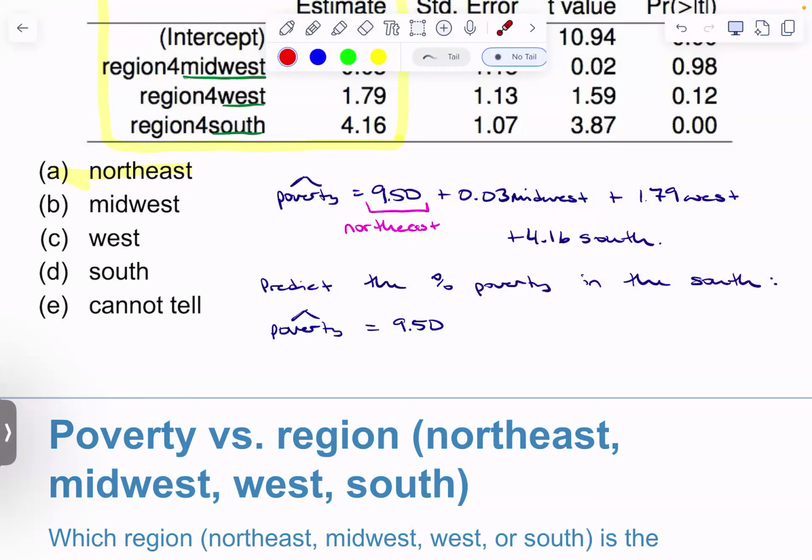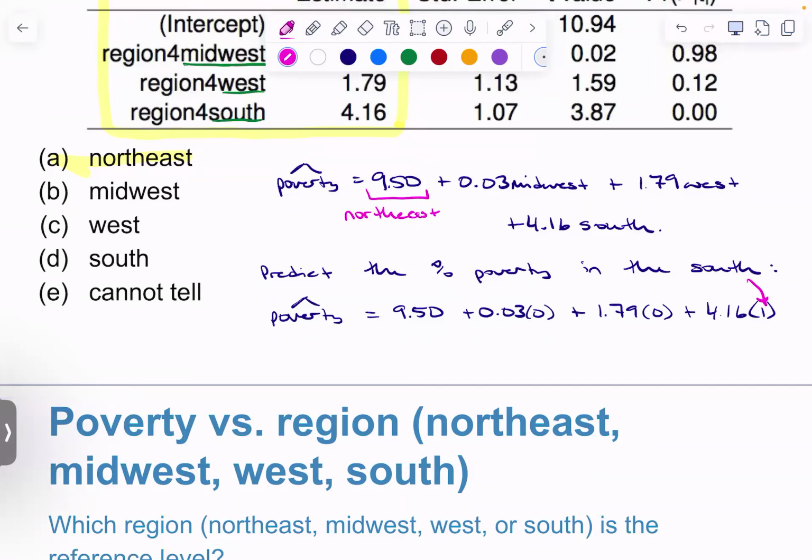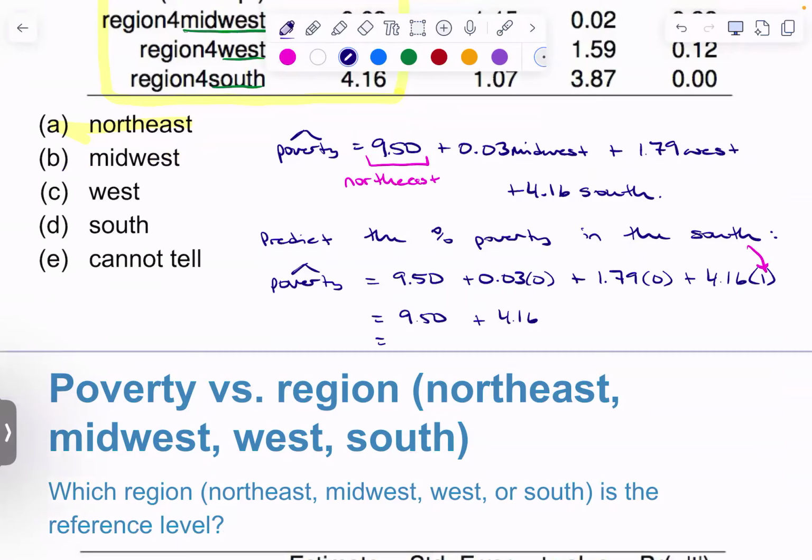What I mean by that is I'm multiplying by 0. So then I get plus 0.03 times 0, plus 1.79 times 0, plus 4.16 times 1. Which would put me at 9.50 plus 4.16, which is what? 13.66%.